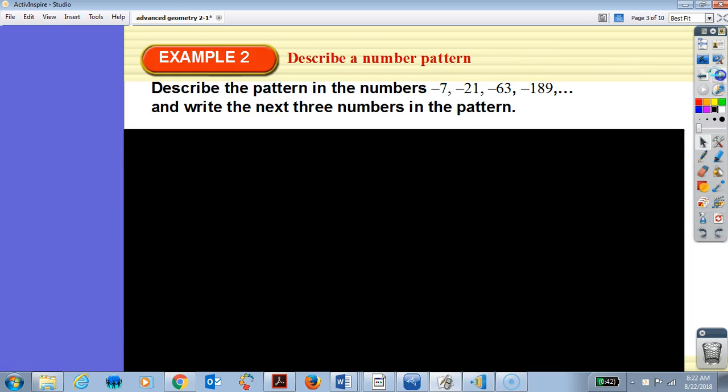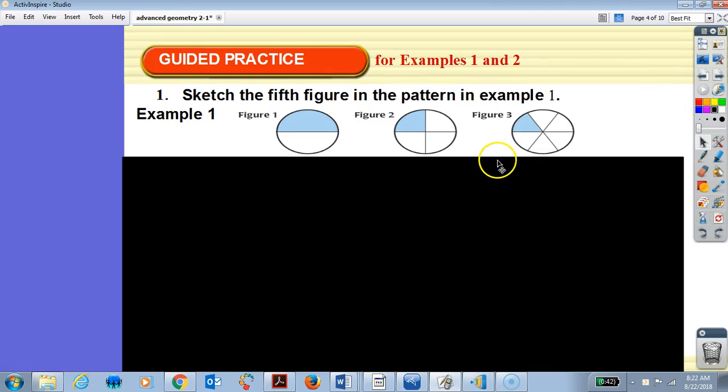So far, so good. All right, so sketch the 5th figure in the pattern in example 1. So I want you guys to try this out on your own with your table partner. Try to figure out what the 5th figure would look like.